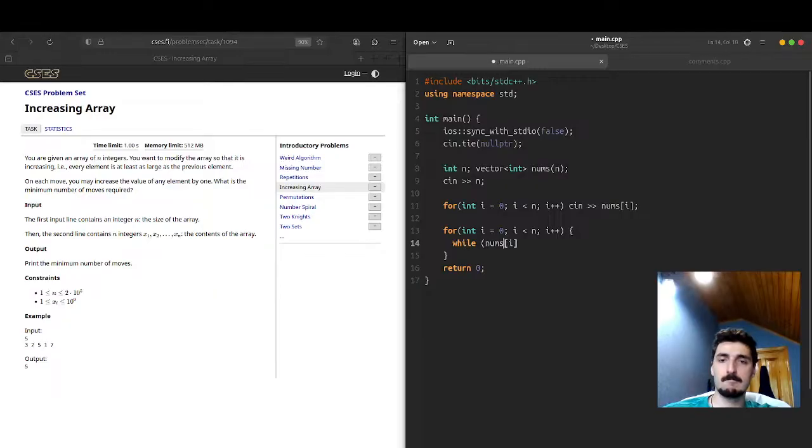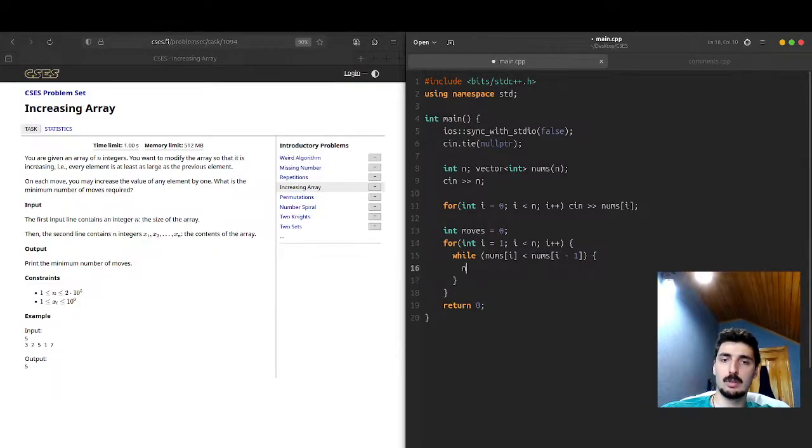While this, we should also have int moves. It should start with 0.